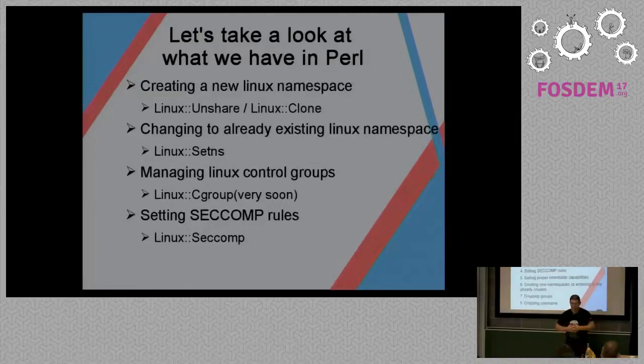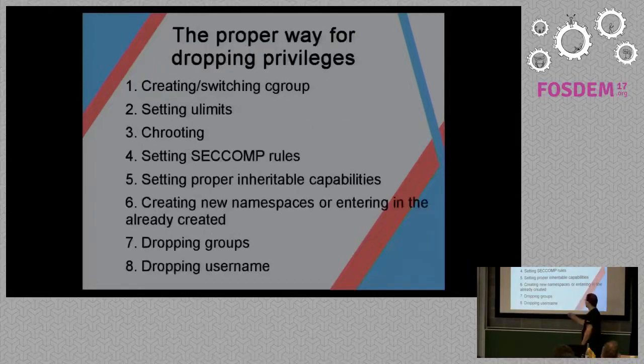The proper way to actually drop your privileges would be something like this. You would first create the control group. A lot of the stuff has to be done before you actually drop your privileges. So some of these steps can be changed. But for example, why are we creating the control group before rooting?